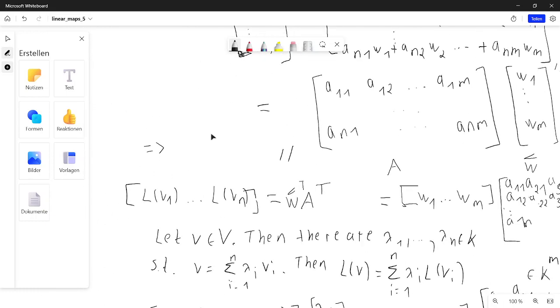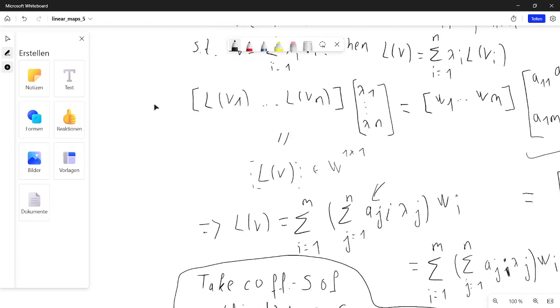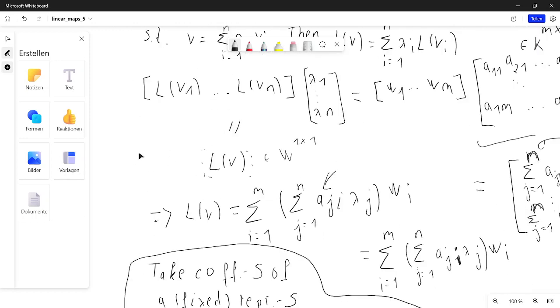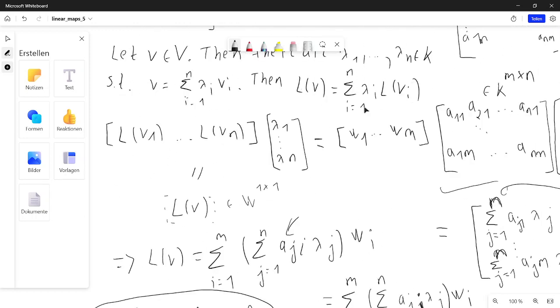Here we have just found out that if we have some image under some linear map L of vector V, we can represent it like this formally. So we can represent it like this matrix multiplication. This is exactly our phi, right?